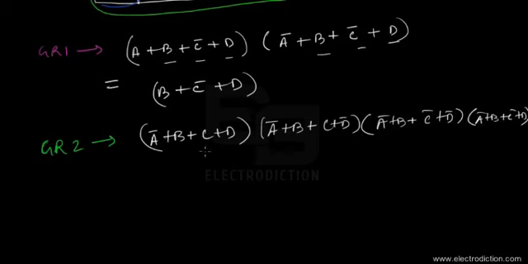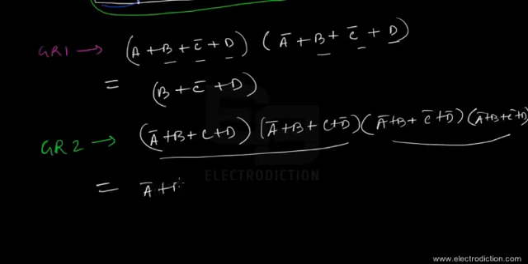Now you can see that in all of the 4 expressions over here, let's just take 2 at a time. If you take these 2 and the other 2 together, then for the first 2 we got A bar B C common, and for the last 2 we got the common terms as A bar B and C bar.